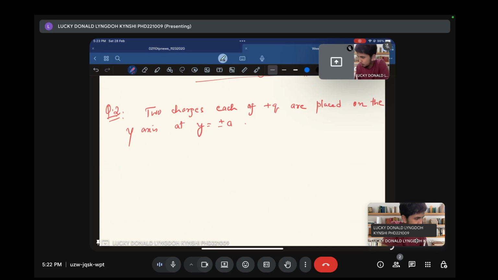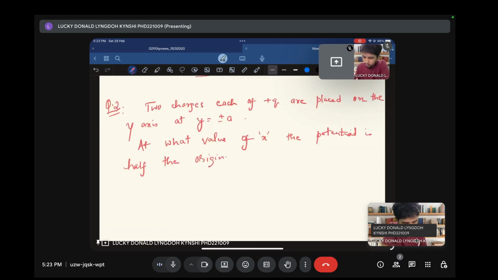Okay, so I will rather say at what value of x the potential is half the origin.